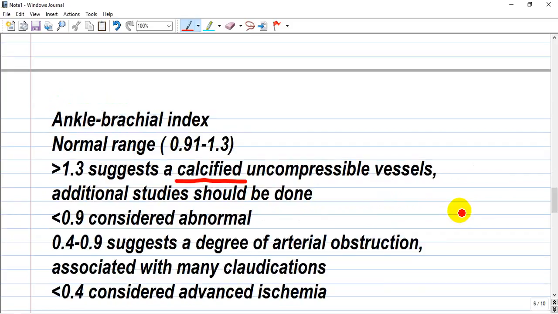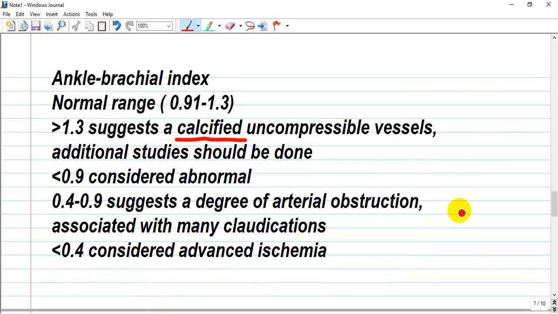Let's explain here what the numbers from the ratio mean. The normal range is from 0.91 to 1.3, and if you see a range more than 1.3, it suggests a calcification of the arteries.